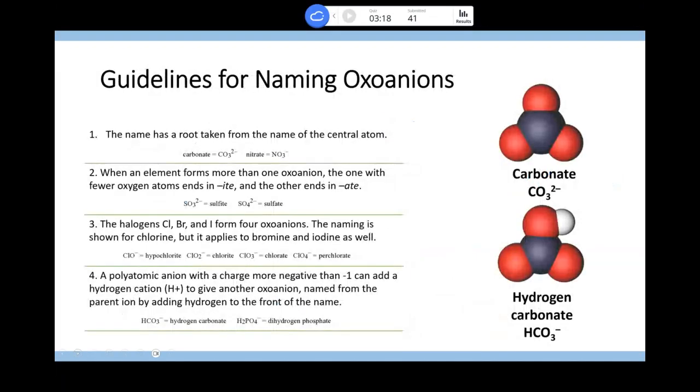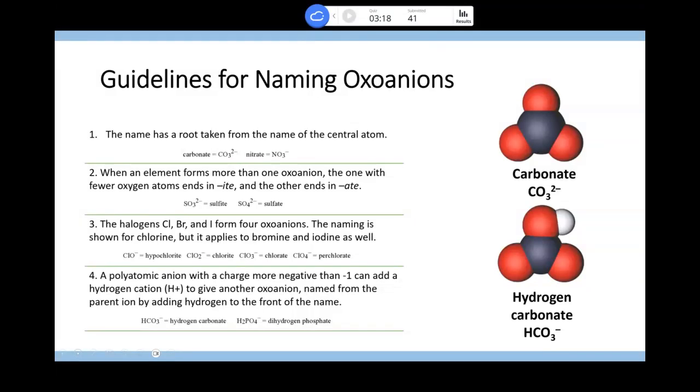And then here we have oxoanions. These are anions that have oxygens as part of the anion, so we have one element and then oxygen. These are listed as polyatomic ions, but there's also a systematic way of naming them. The name has a root taken from the name of the central atom.